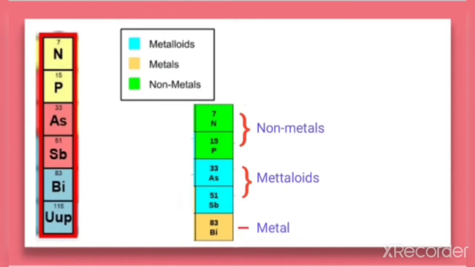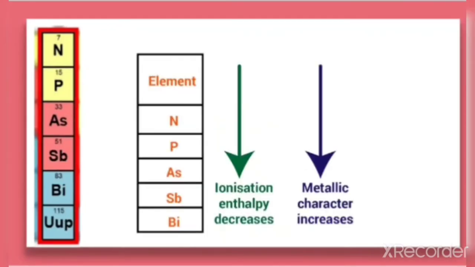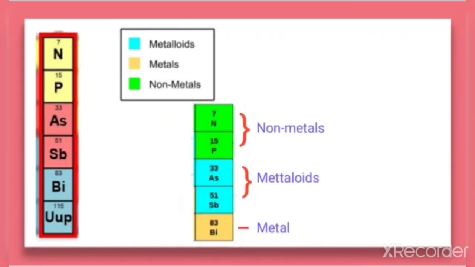So from top to bottom, the ionization enthalpy decreases but the metallic character increases. When we go down the group, the metallic character is increasing because it goes from non-metals to metalloids and finally metals. So the metallic character increases down the group in these group 15 elements.